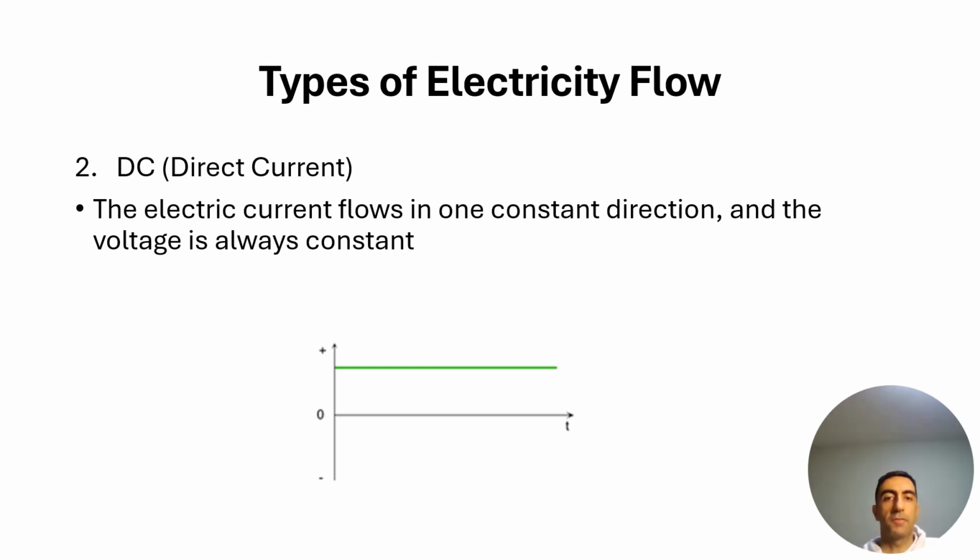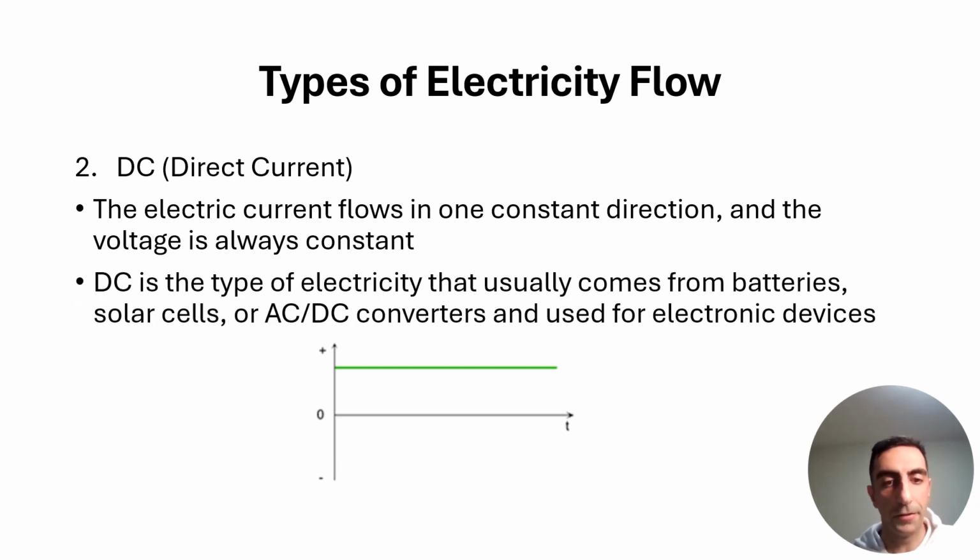The electric current flows in one constant direction, and the voltage is always constant. DC is the type of electricity that usually comes from batteries, solar cells, or AC-DC converters and is used for electronic devices. We might get to that point more, but this was the end of the very first course.